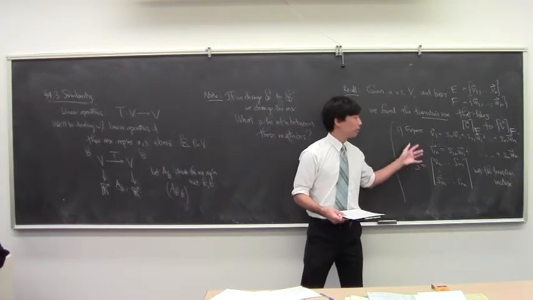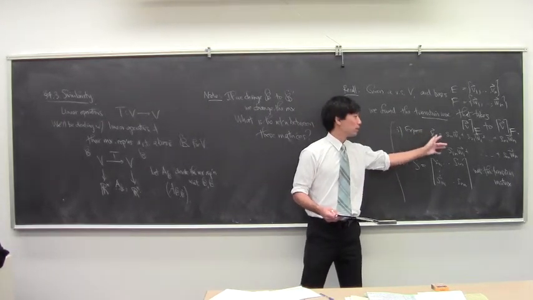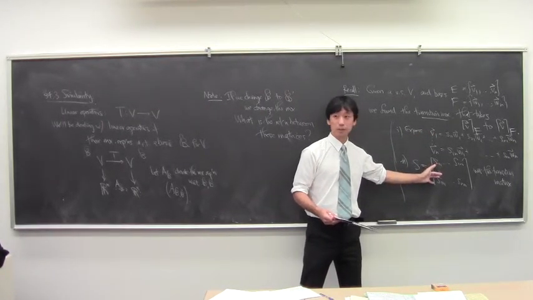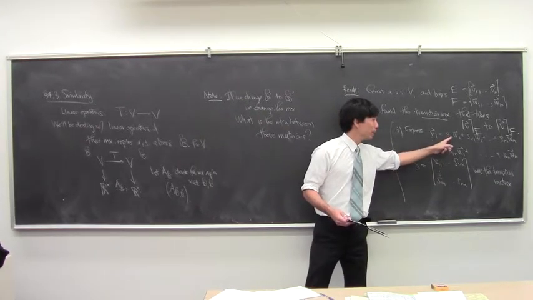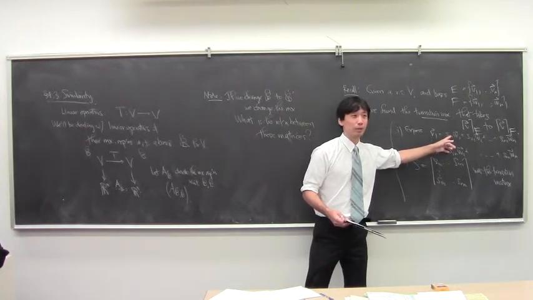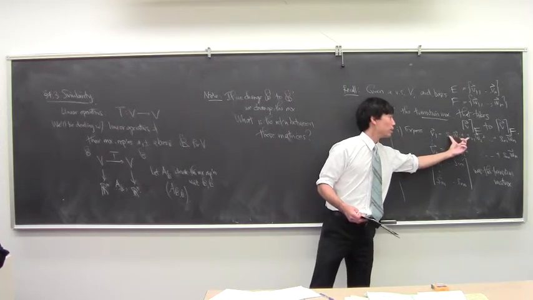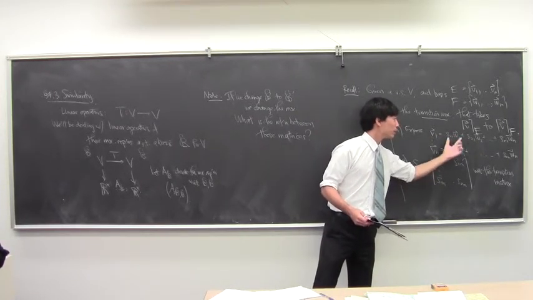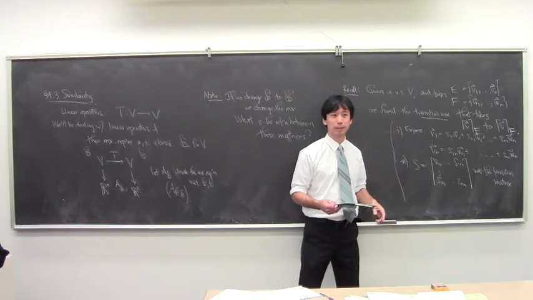This is how we did it. You express one basis in terms of the other, and then you take those coefficients. And remember that it was the transpose of these. It's not directly these coefficients, but the transpose of these coefficients.